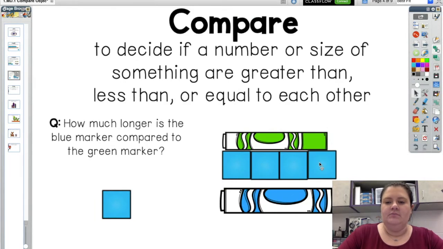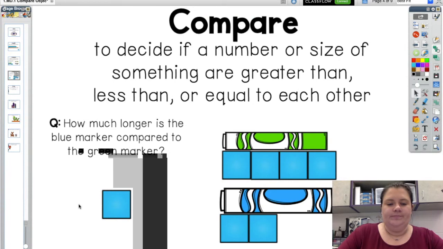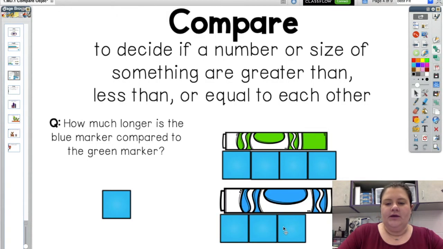Okay, so the green marker is about 4 squares long, and then I have the blue marker, so that's 1, 2, 3, 4, 5, and almost 6. I'm going to say 6.